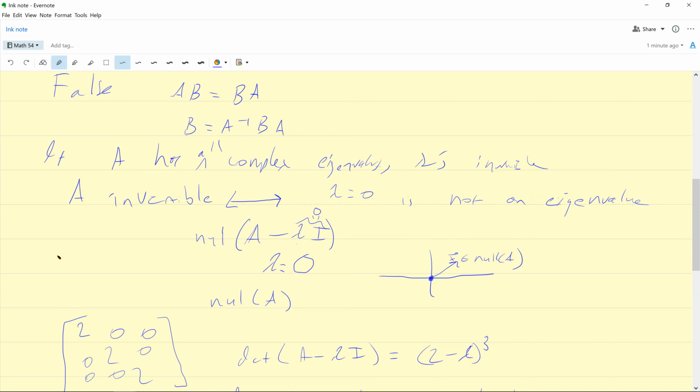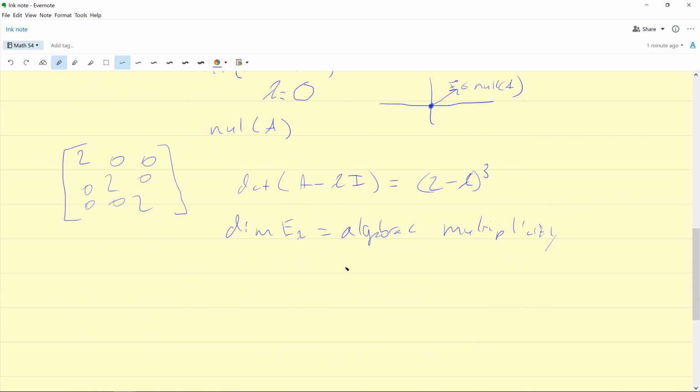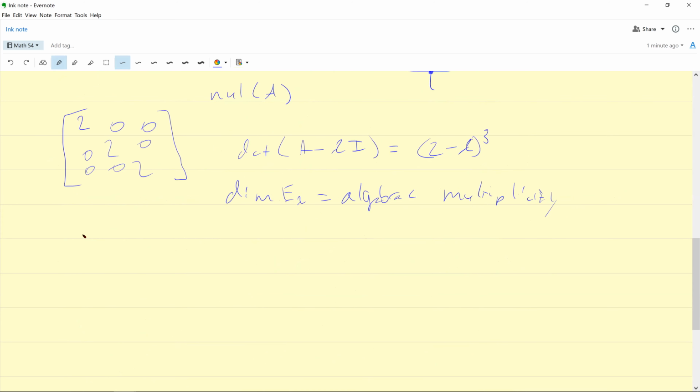Going back to the algebraic multiplicities, could you state the difference between algebraic and geometric multiplicity? When you have a characteristic polynomial, like (lambda minus 2) squared times (lambda minus 3), what we're calling the algebraic multiplicities are how many times something is a root of this polynomial.